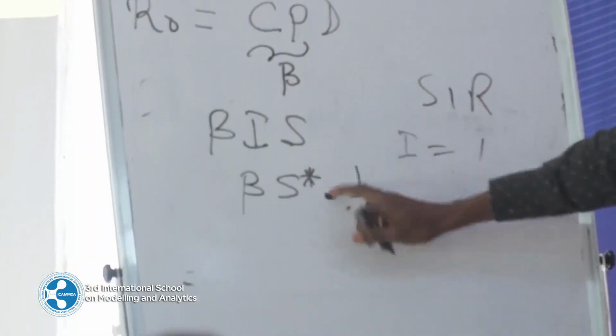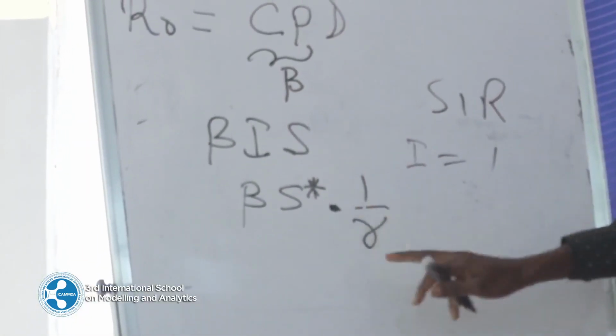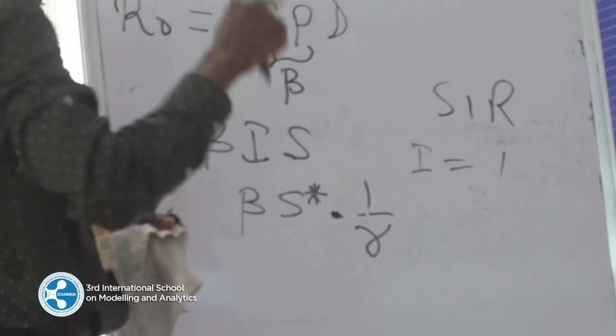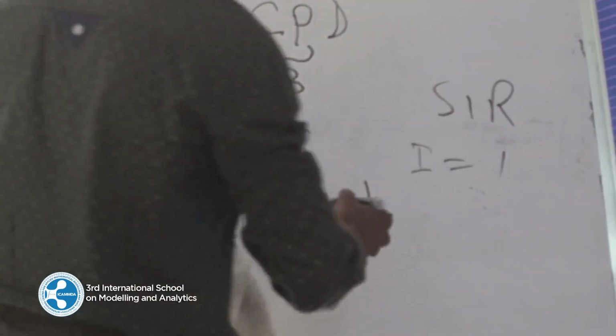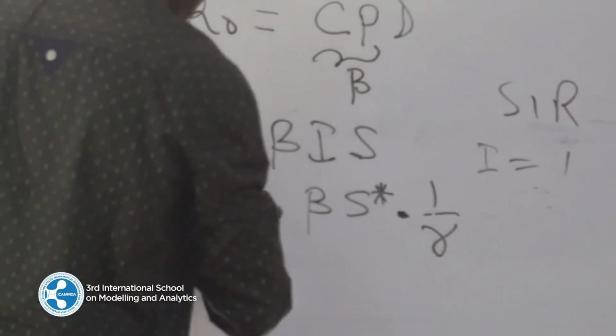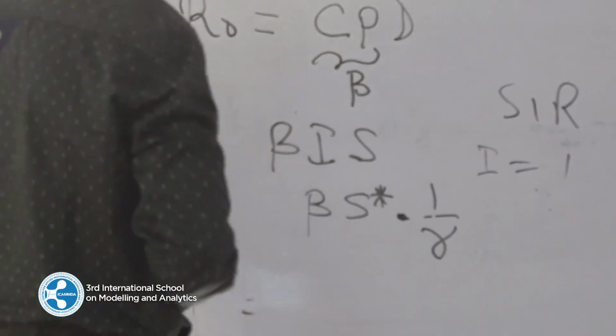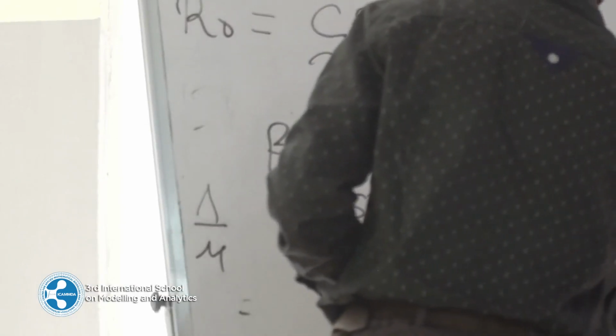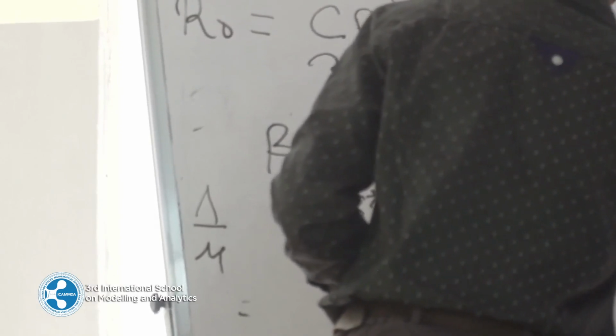That is the period, 1 over gamma. So at the disease-free state, when there is no infection, but in the presence of just one case, what is S star? Our S star is lambda over mu, isn't it? So that we have this becoming beta times lambda over mu times what?